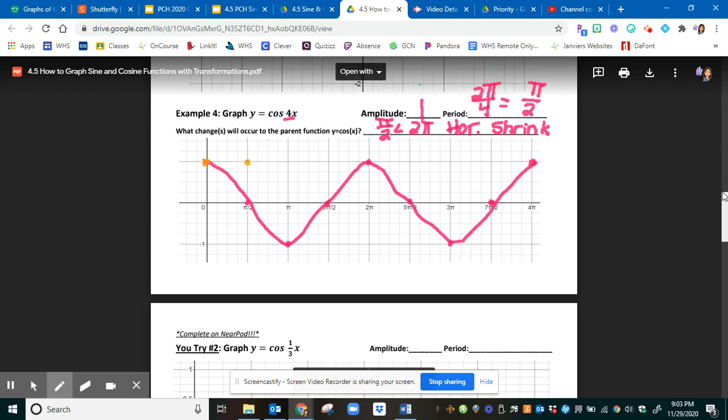So now what we have to figure out is what's going to be this halfway point between 0 and pi over 2, because this guy right here got pushed to here. Where's this halfway point that normally is at pi, now needs to get squished between 0 and pi over 2 perfectly. So what's half of pi over 2?